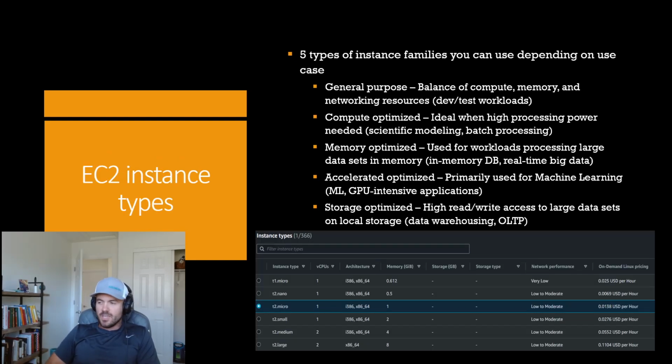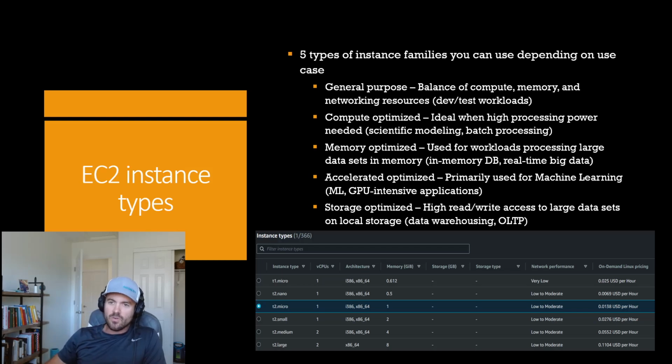And if we move on here, we'll now get into instance types a little bit. So you've got 5 types of instance families that you can use. And again, this will all depend on the use case that is going to be required for said instances. Okay, you've got general purpose, which is just a balance of compute, memory and networking resources, generally used for dev test workloads.